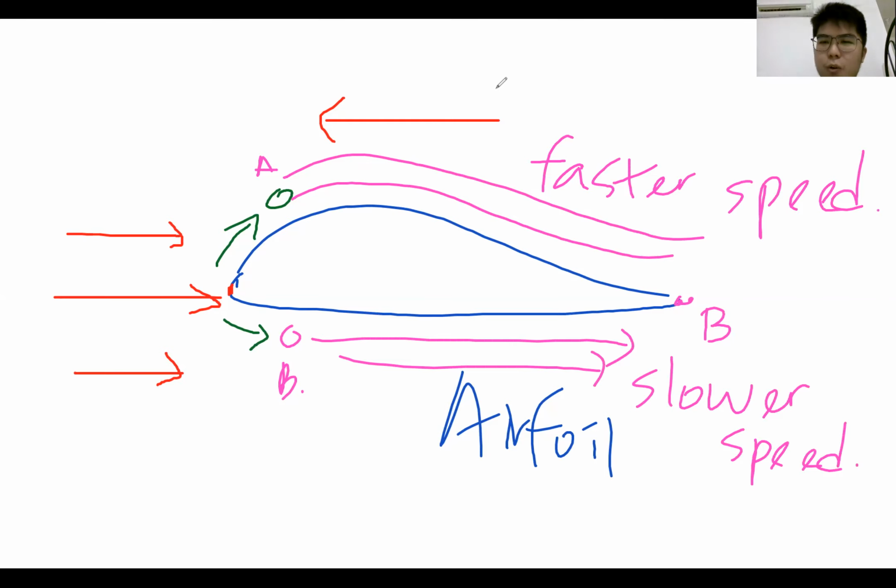Now what happens here? Can you apply Bernoulli's principle? Since the air above the airfoil moves at a faster speed, it creates a low pressure region on top. Let me use a different color. On top here, it creates a low pressure region because the flow speed is faster, according to Bernoulli's principle. Here is the low pressure region, and below is the high pressure region.